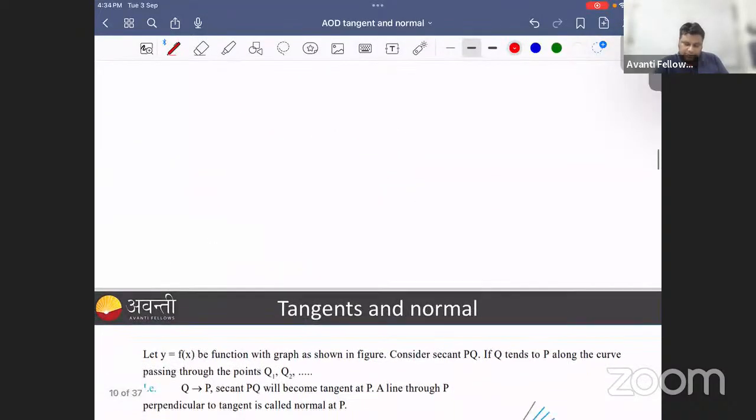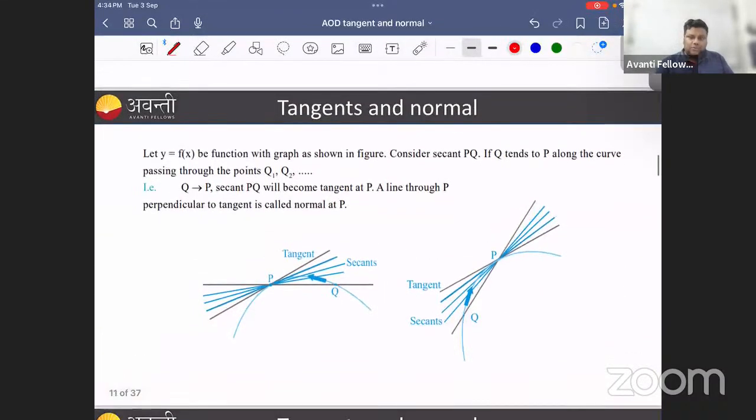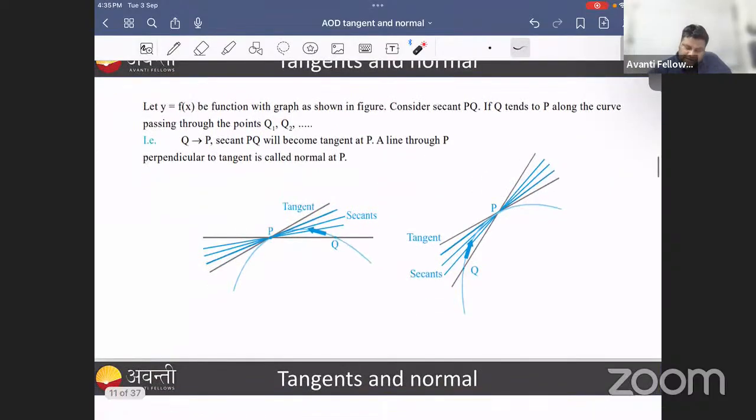All right. Now, let's come to tangent and normal. See, let y equals to f of x be a function with graph as shown in the figure. Alright. Consider the secant PQ. If Q tends to P along the curve passing through points Q1, Q2, Q3 and so on. So what they are saying, I'll make another diagram for you. Say this is a curve.